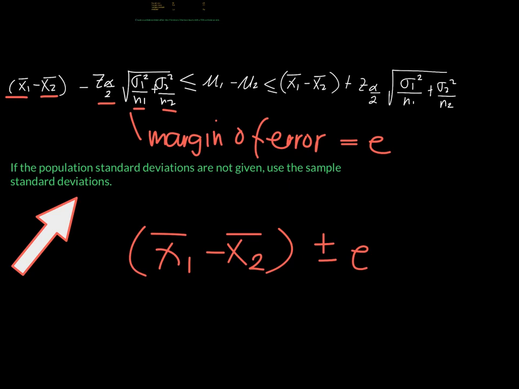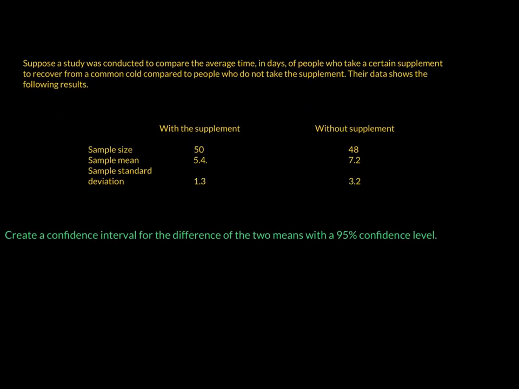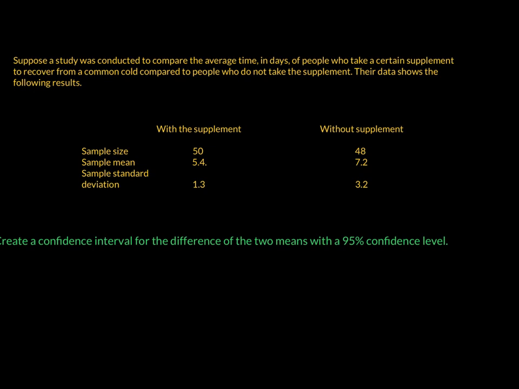Okay, so let's go back to our data. Based on our data, if we set 1 as the group with the supplement and 2 as the group without the supplement, then 50 will be our N1 and 48 will be our N2.